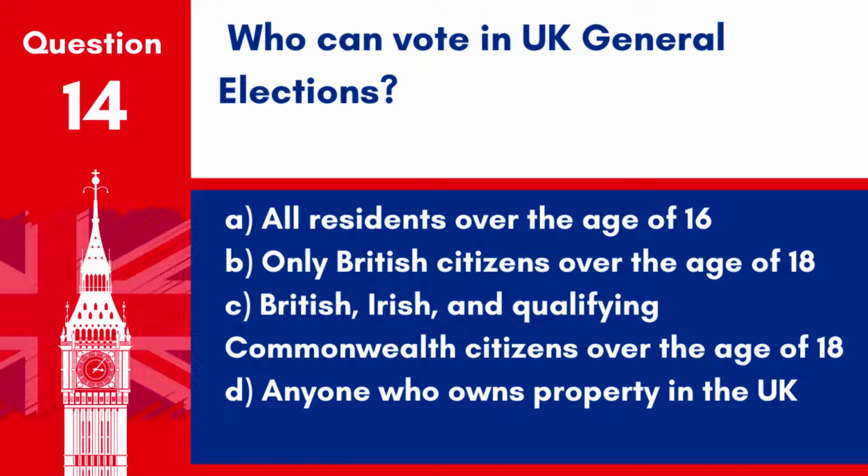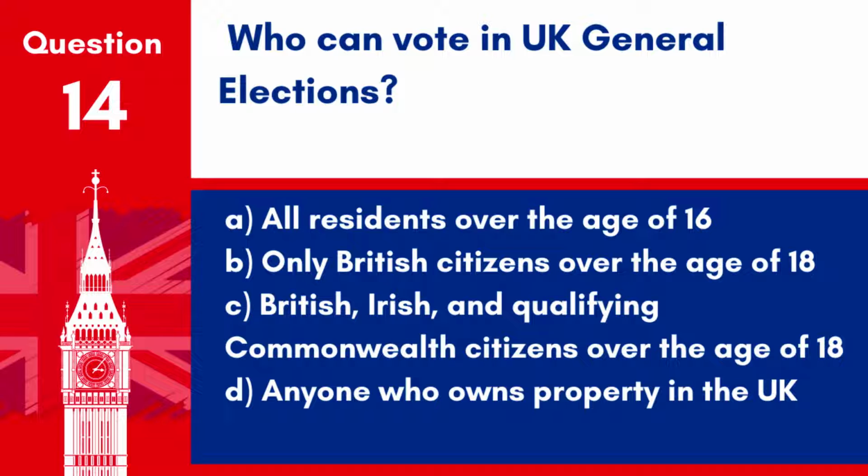Question 14. Who can vote in UK general elections? A. All residents over the age of 16. B. Only British citizens over the age of 18. C. British, Irish and qualifying Commonwealth citizens over the age of 18.